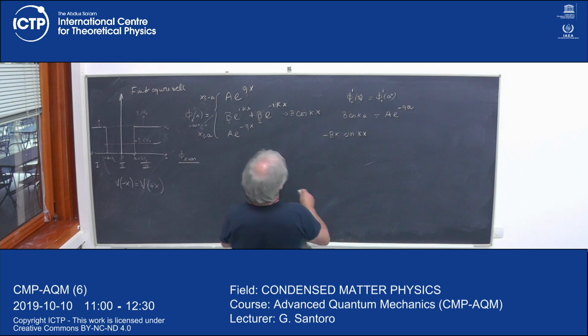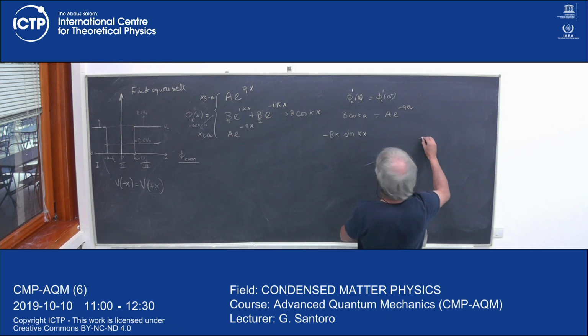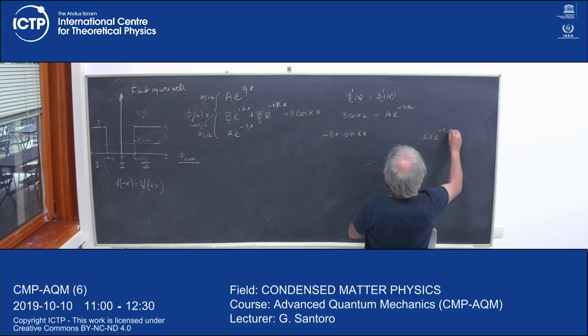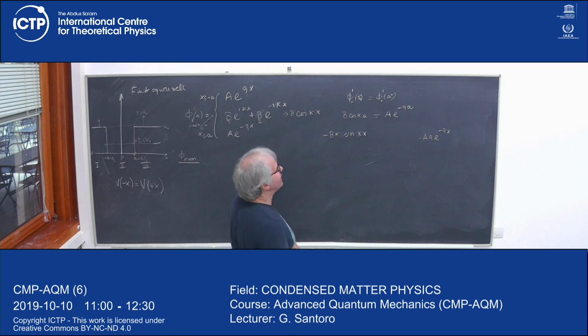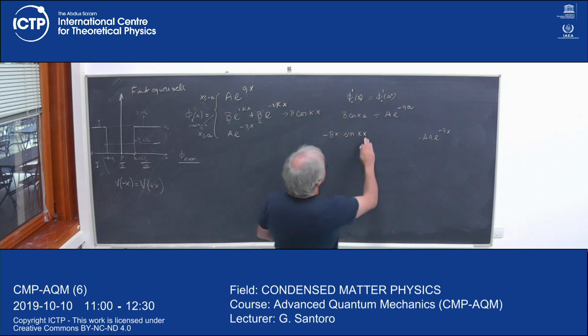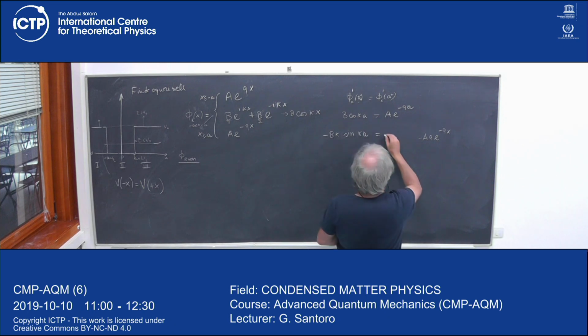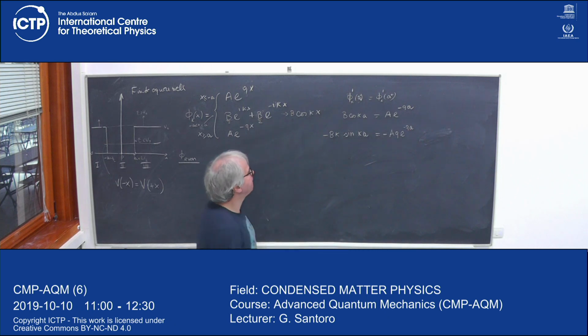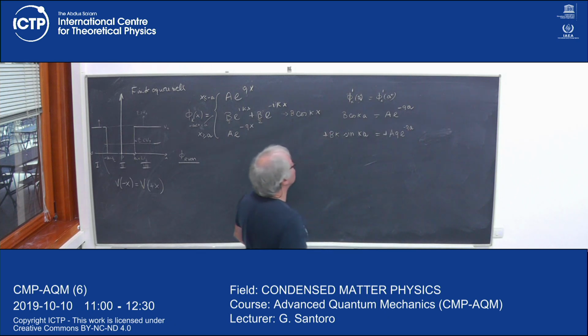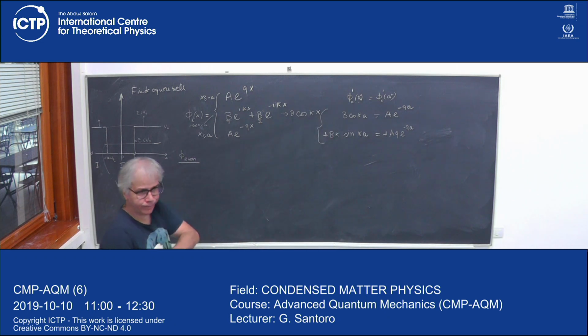Well, the derivative here, I write it here, is minus A q e to the minus qx. Now, let's put it at a. So I put a here, and I impose that this is equal to minus A q e to the minus q a. Fantastic. Is it clear to everybody? Good. Now these are the two conditions that I have to impose.